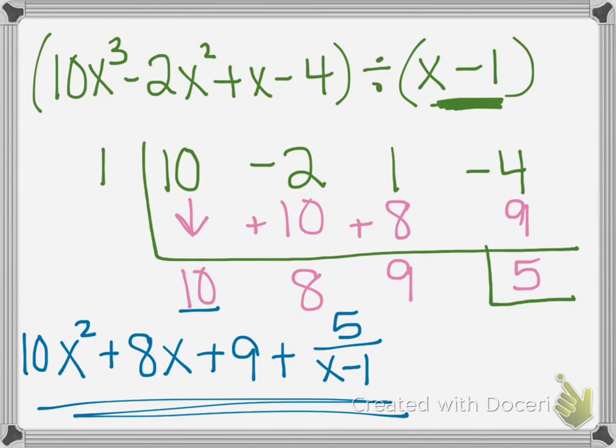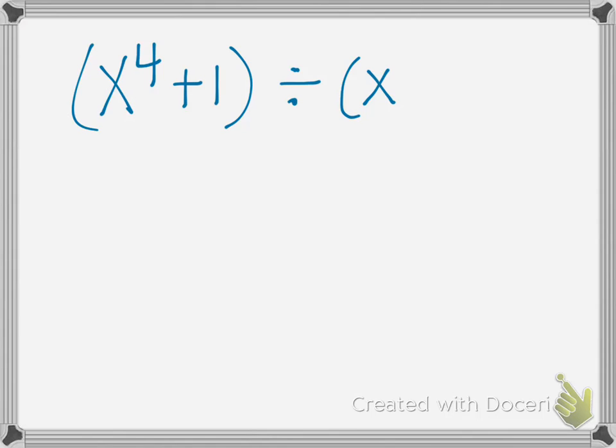The last thing you need to remember is that in synthetic division, we too need placeholders. So if I wanted to take x to the fourth plus 1, and I wanted to divide this by x plus 1, then I need 3 placeholders in my dividend to start.